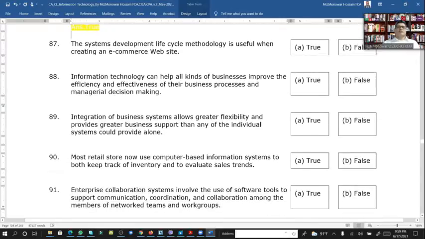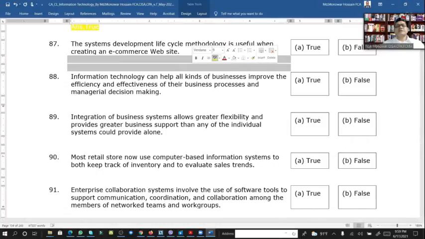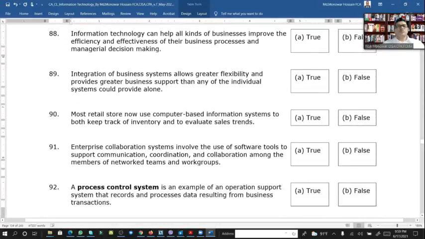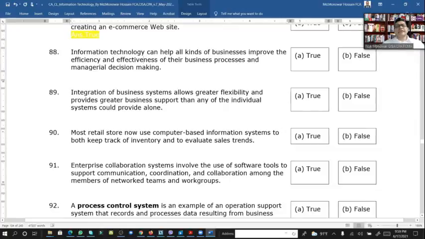It is true. The systems development lifecycle methodology is useful when creating an e-commerce website. It is true. Information technology can help all kinds of business improve the efficiency and effectiveness of their business processes and managerial decision making. It is also true.